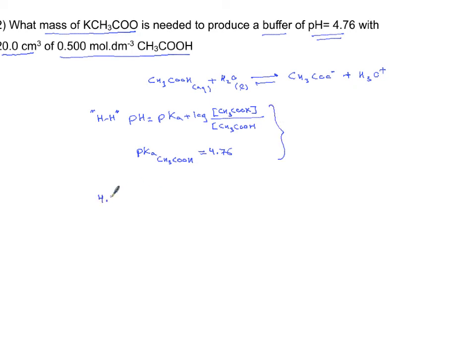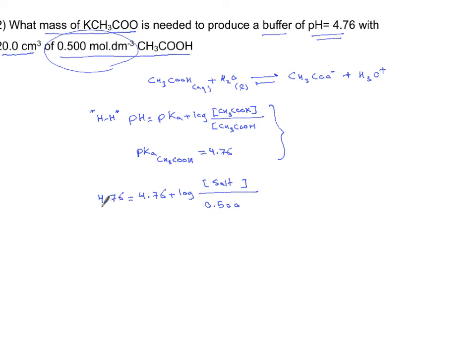So we want the pH to be 4.76. Our pKa happens to be 4.76, plus log of the concentration of the acid, which is given. I put it in the denominator. The concentration of the salt I don't have. Put your variable x or however you phrase it.